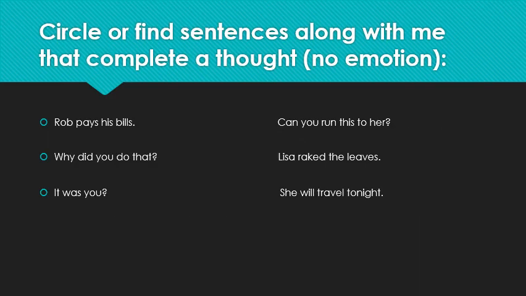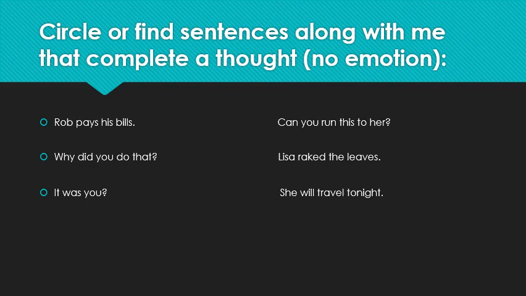Okay, so circle or find in your mind sentences along with me that complete a thought. No emotion here. We have, Rob pays his bills. Why did you do that? It was you? Can you run this to her? Lisa raked the leaves.